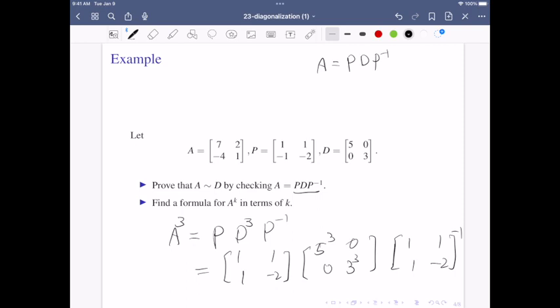Maybe it's not really convincing just looking at 3, but if you have 30, then the only thing is you change 3 to 30 and this 3 to 30, and this is much easier. But if you multiply A by itself 30 times, it is a long computation.